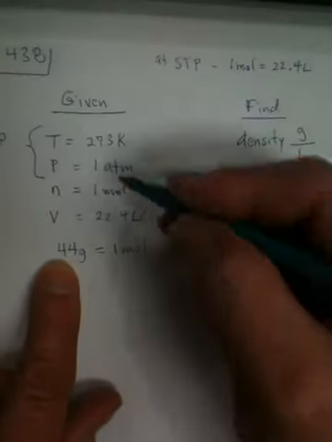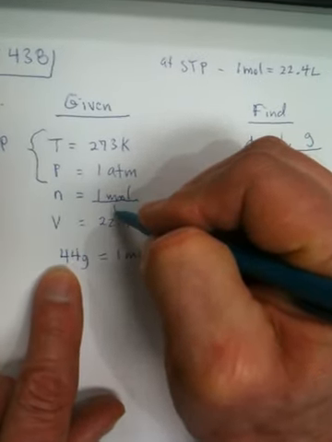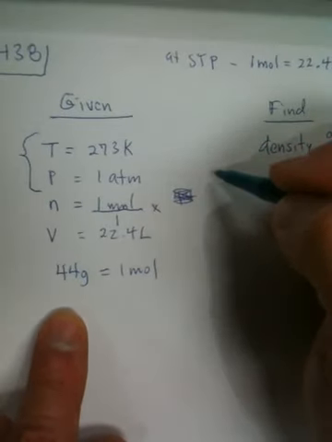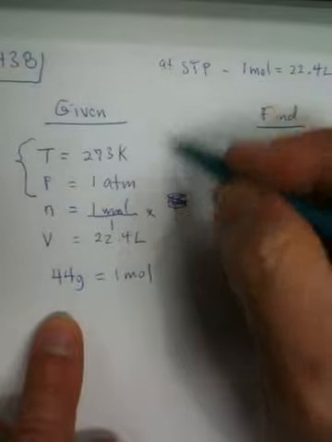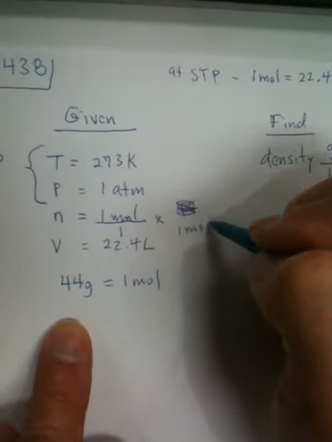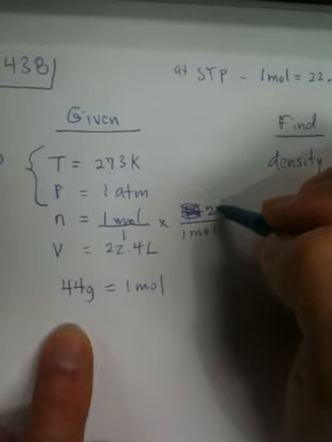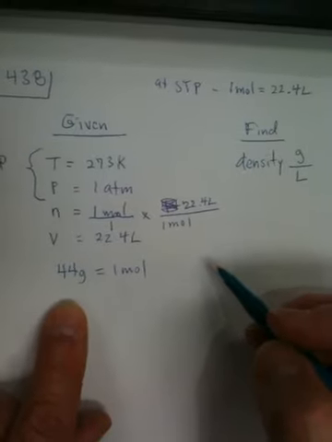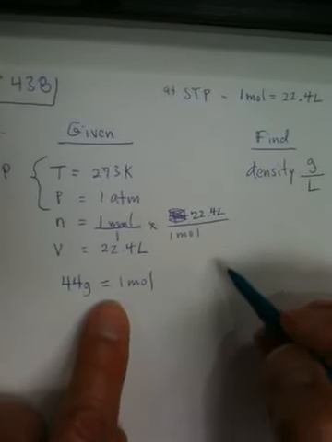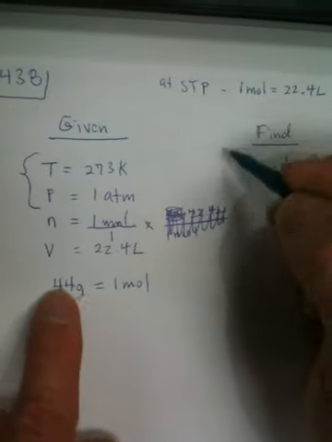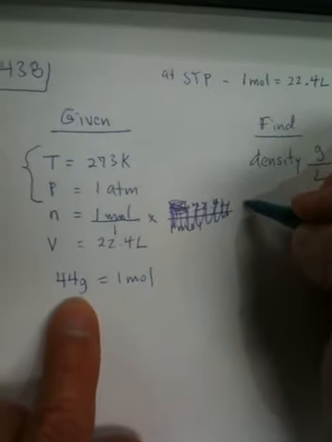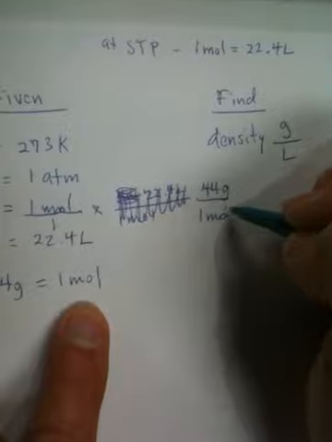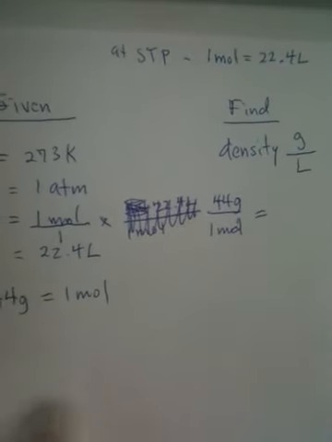Which means all I have to do is make a little grid here. I've got moles over 1 times 44, I've got 1 mole on the bottom. I was right the first time. I'm trying to get to grams, so we have 44 grams on top, and on the bottom we have 1 mole.